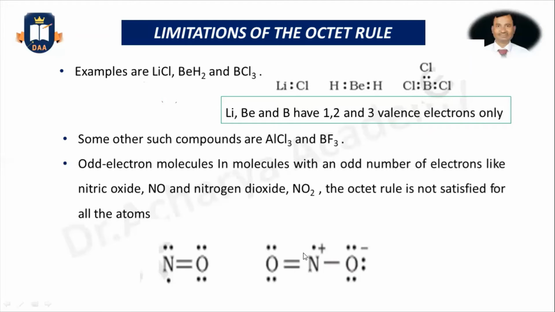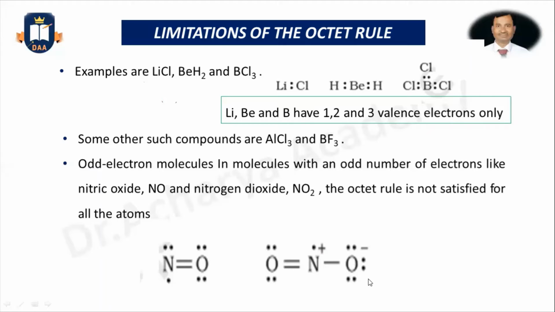So the total number of electrons of nitrogen is 7, and 1 plus charge is there. This is also a deviation from the octet rule because this atom doesn't have 8 electrons.